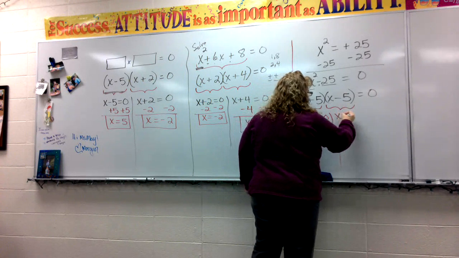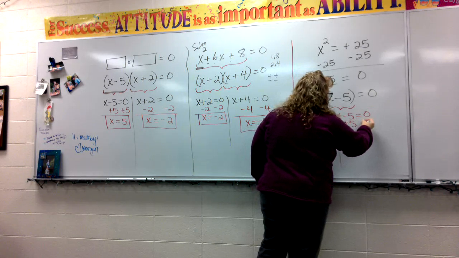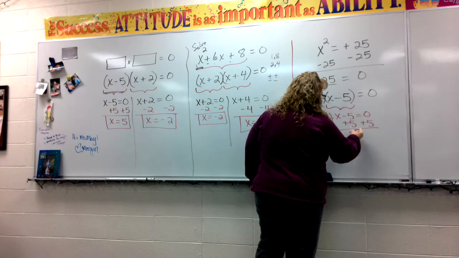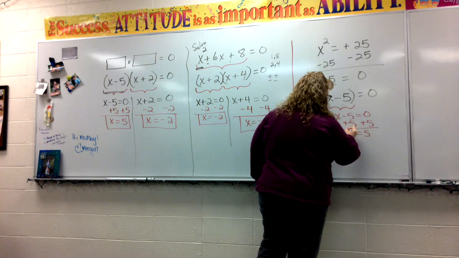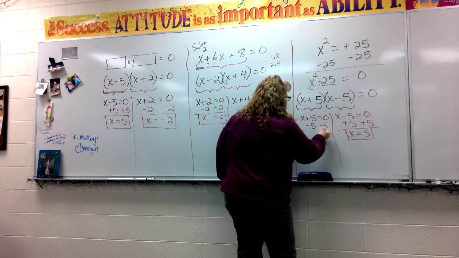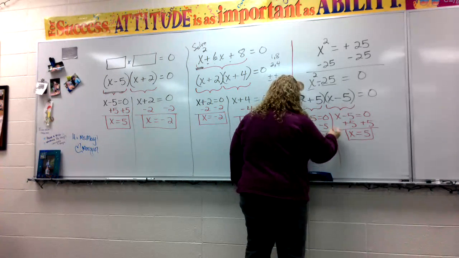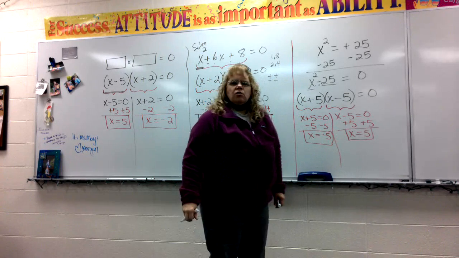Or add 5, minus 5, minus 5. Do we have to write those steps out? Why do I have to write that out every time? I can do that in my head. You know what?